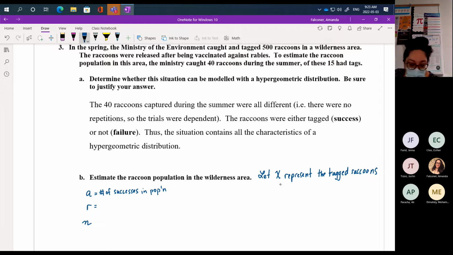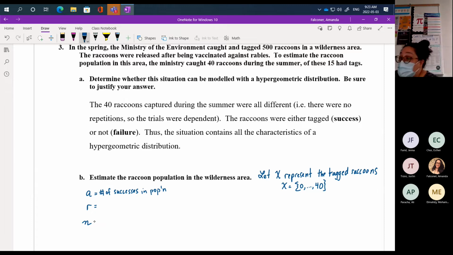Okay, so if we were even thinking about this, what are the values that random variable X could take on? We could have 0 tagged animals all the way up to what number? 40 potentially, because 40 were caught. So R represents, just in general, the number of opportunities there are to have a success, right?